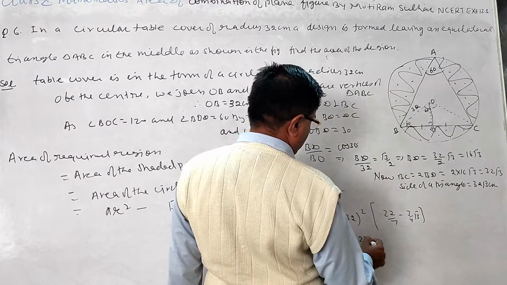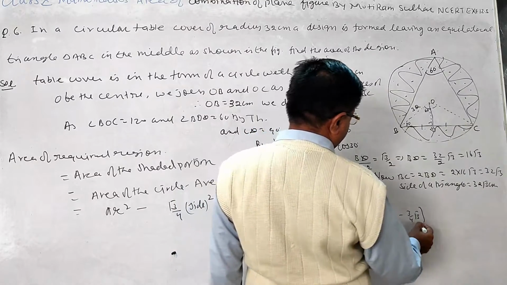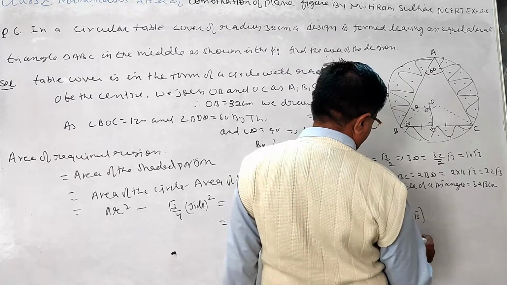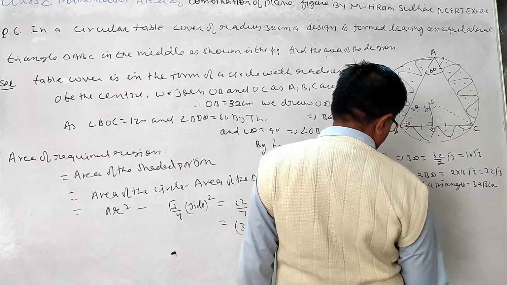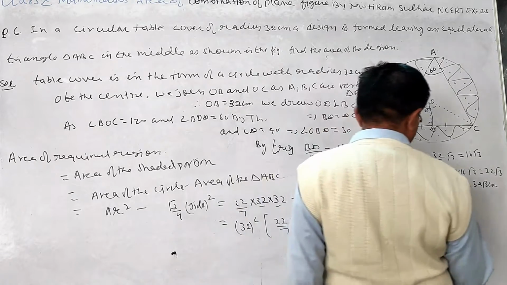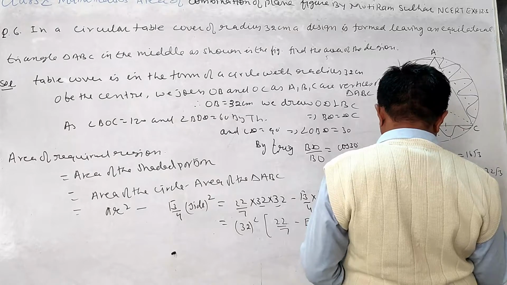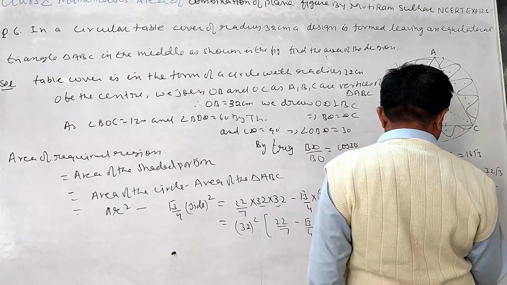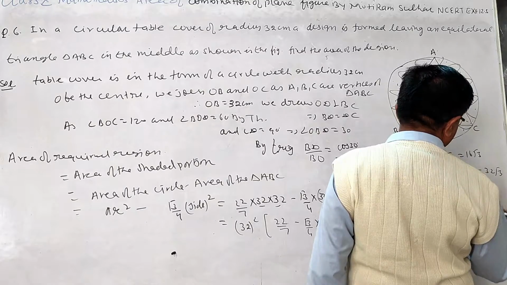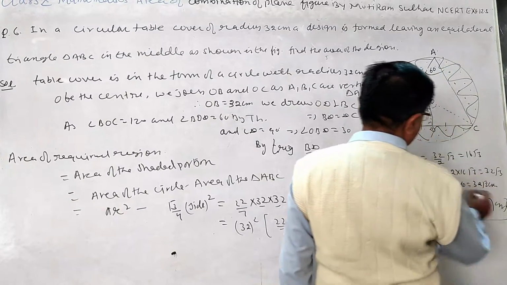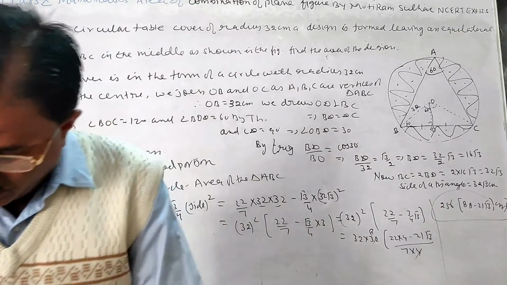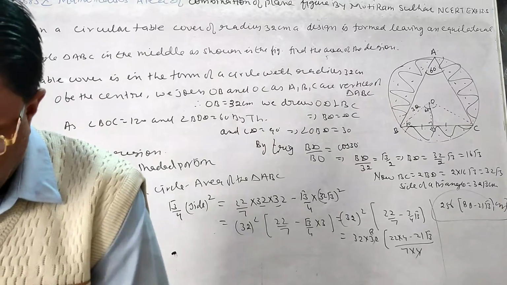So 32 into 32, take LCM 28: 22 into 4 minus 21 root 3 upon 7 into 4. So this is 8. So you multiply and simplify: 8 into 32 is 256, into 88 minus 21 root 3 centimeter square. So this is the required area of the design, because here we are not given the value of root 3 that you have to put.